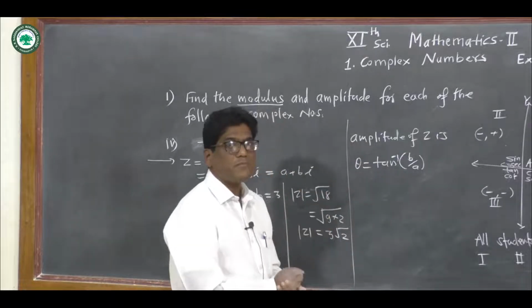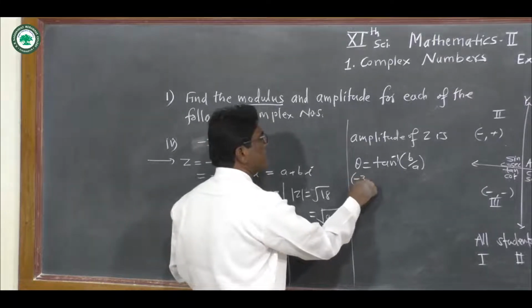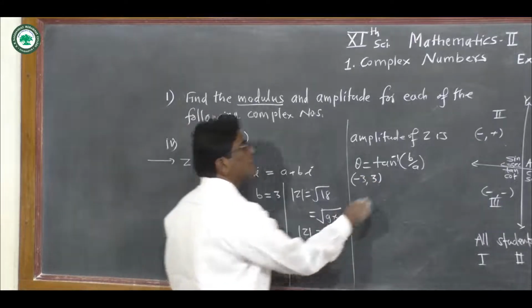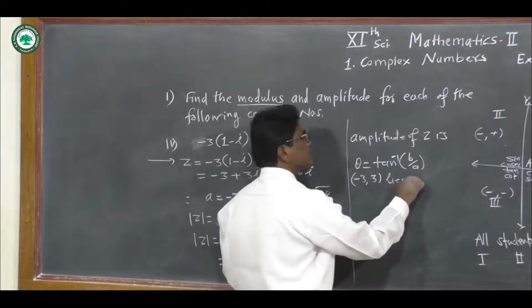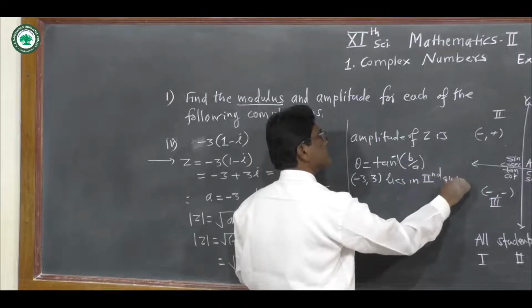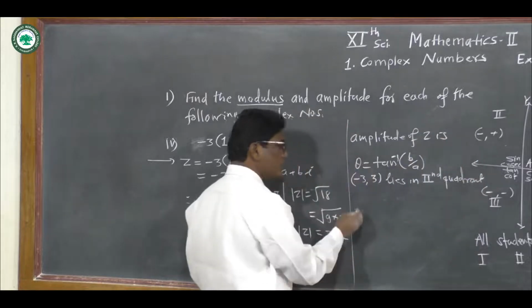This is the concept. So here a is -3, b is 3. Get it? It lies in the second quadrant. And now we put the value of theta.